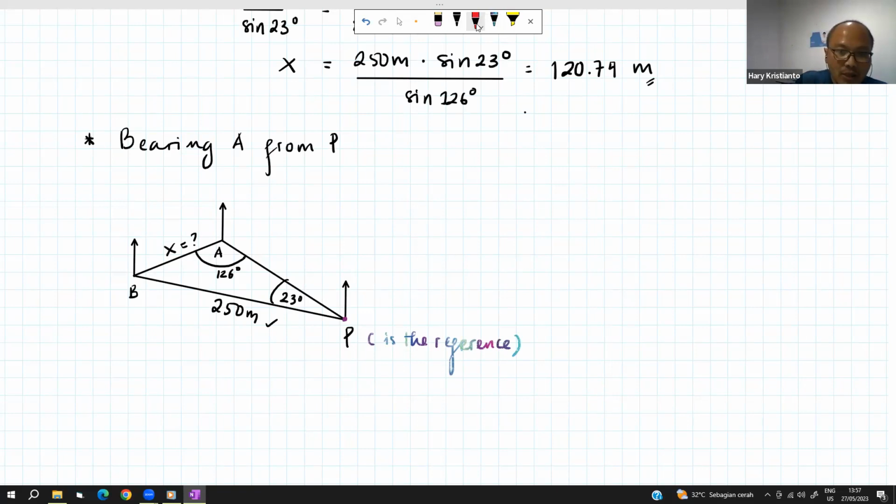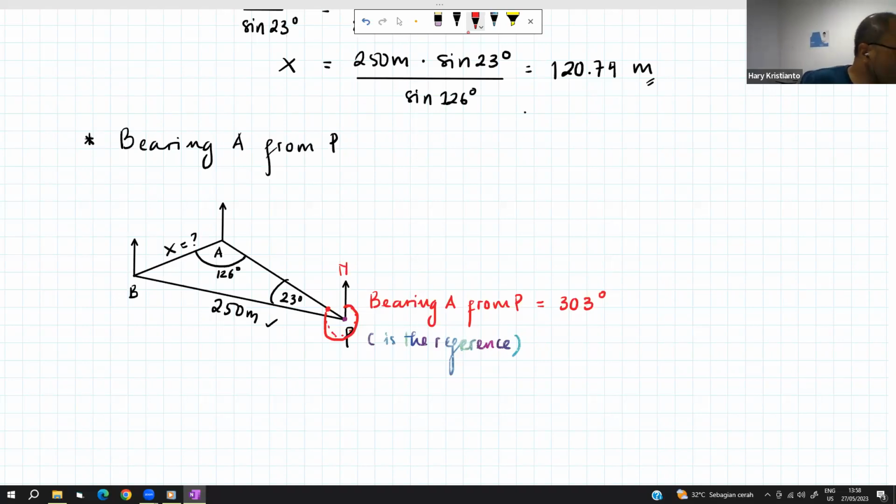And then you measure from its north to the line that allows P to see A. So this is the bearing, and this bearing is known as bearing A from P. Bearing A from P is known as 303 degrees.